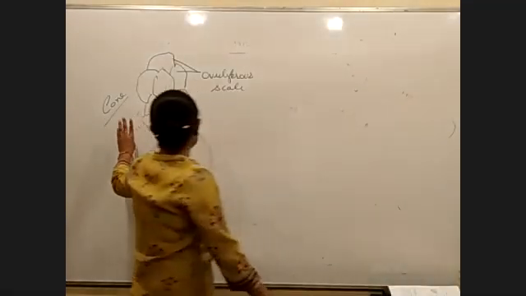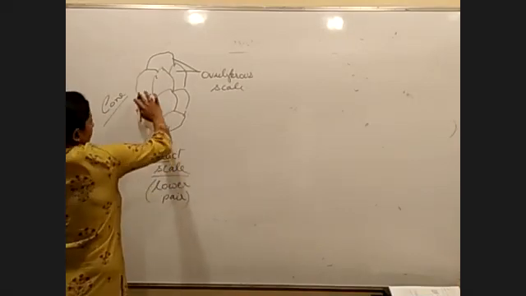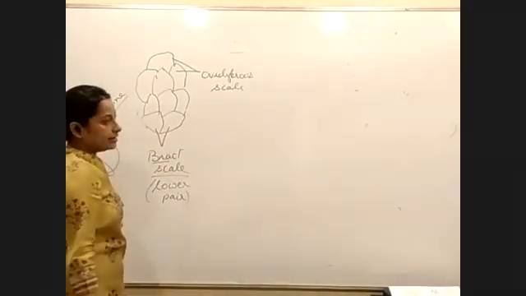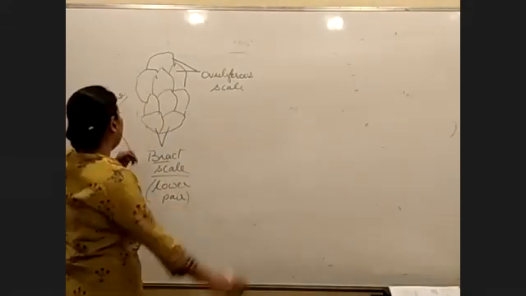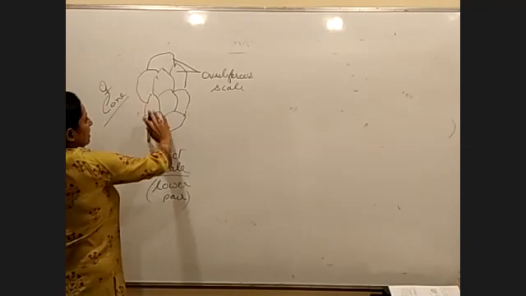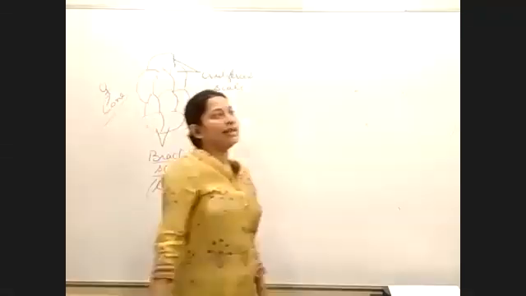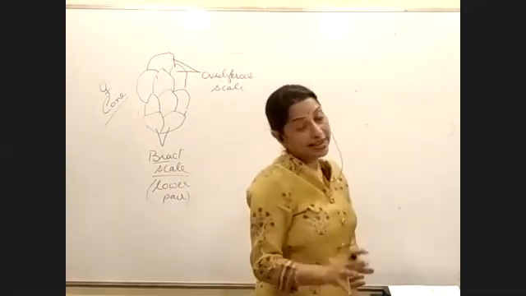Right, normally we see a structure like this. It is made up of leaves, as we have already said: megasporophyll, microsporophyll. In this case we are talking about the female cone. Megasporophyll means it is a leaf that has a megaspore.